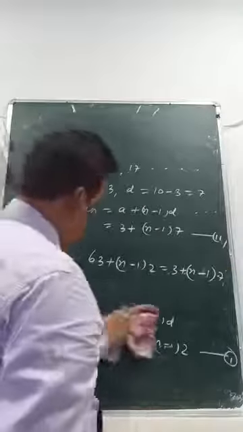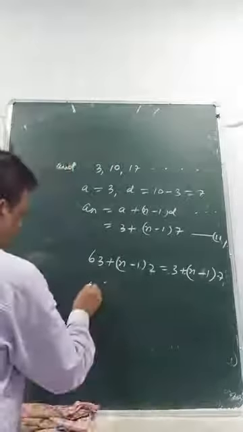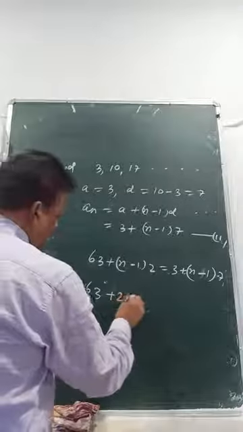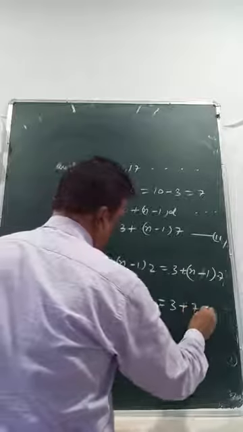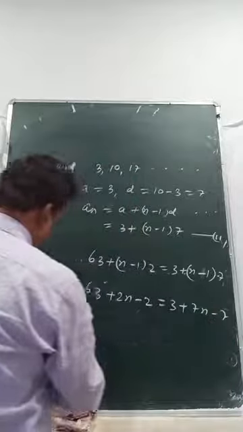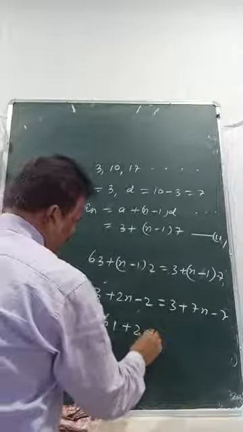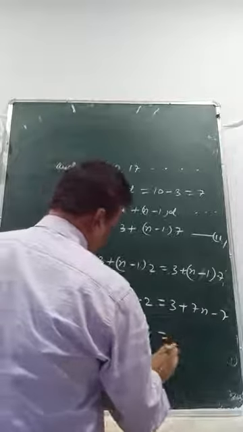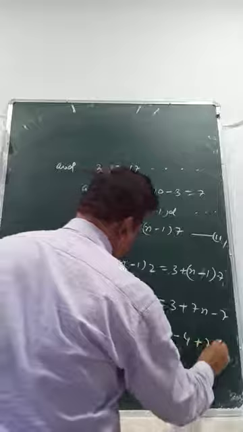So here you have to open the bracket. 63 plus 2n minus 2 equals 3 plus 7n minus 7. 63 minus 2 is 61 plus 2n. 3 minus 7 is minus 4 plus 7n.